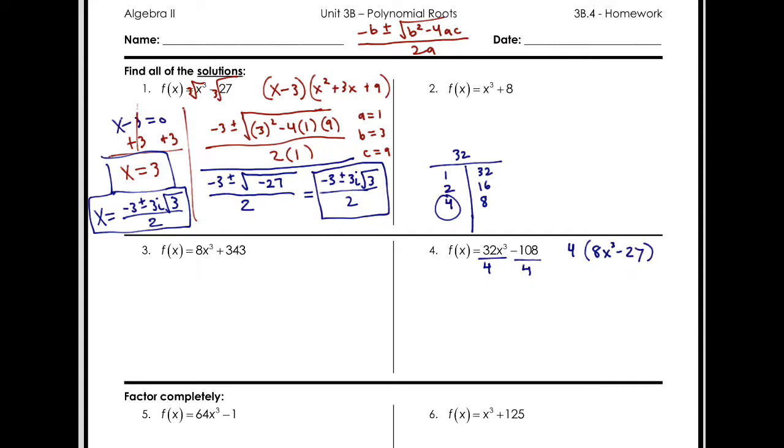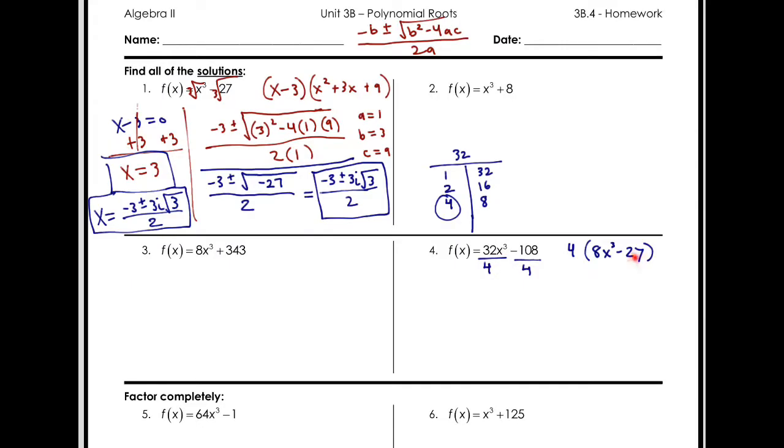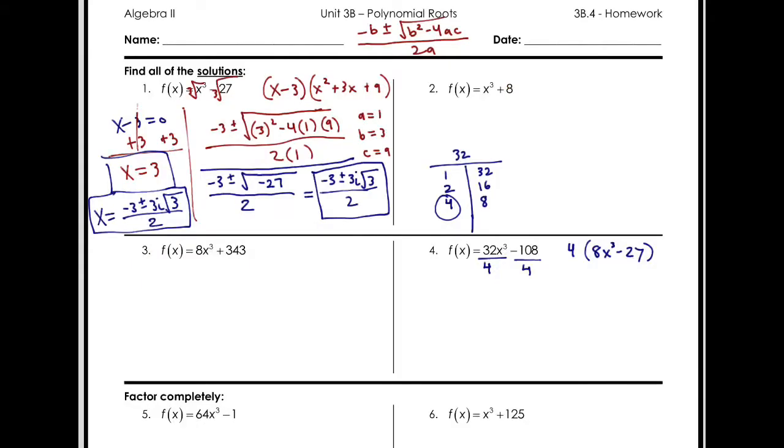So now, do we have a difference of cubes inside? Is 8 a perfect cube? Let's go back to our list. Yes. Is 27 a perfect cube? Yes, it is. Okay. So now we can do the entire process that we just learned how to do on this information here. So how do we do that? First step was cube root of that, cube root of that.